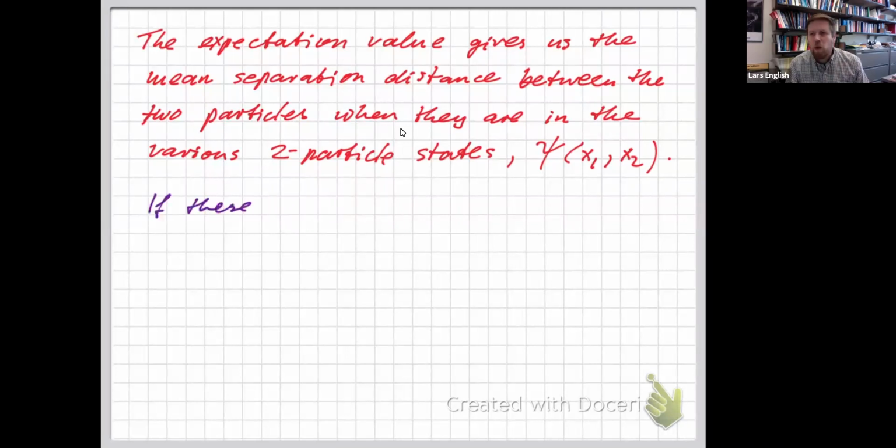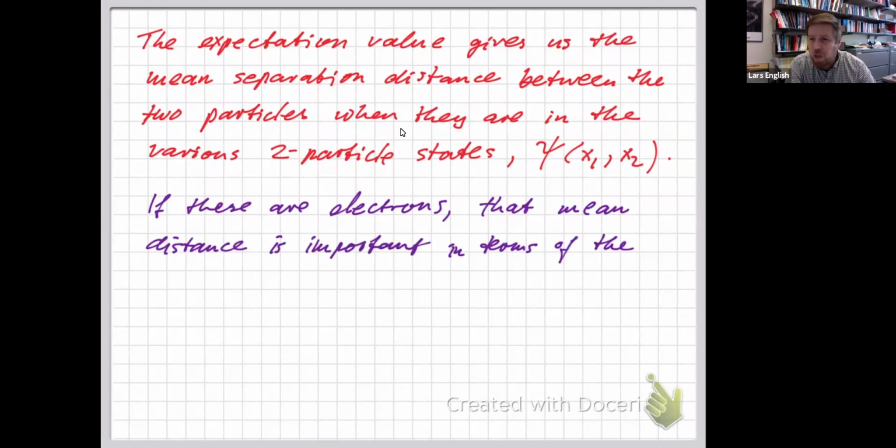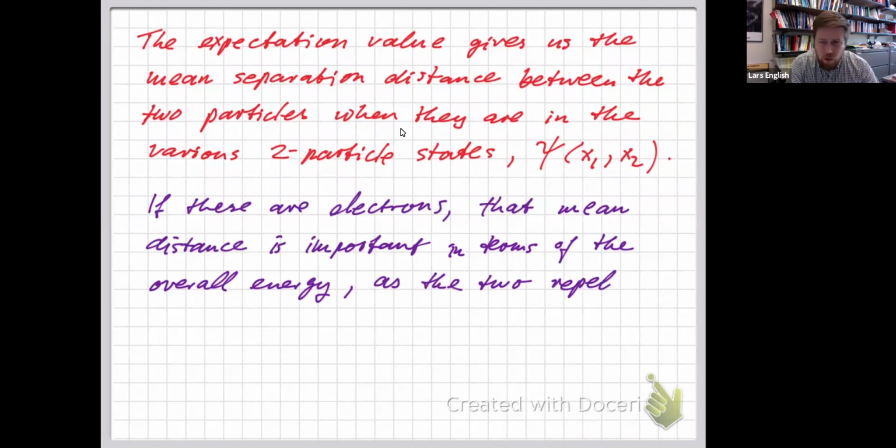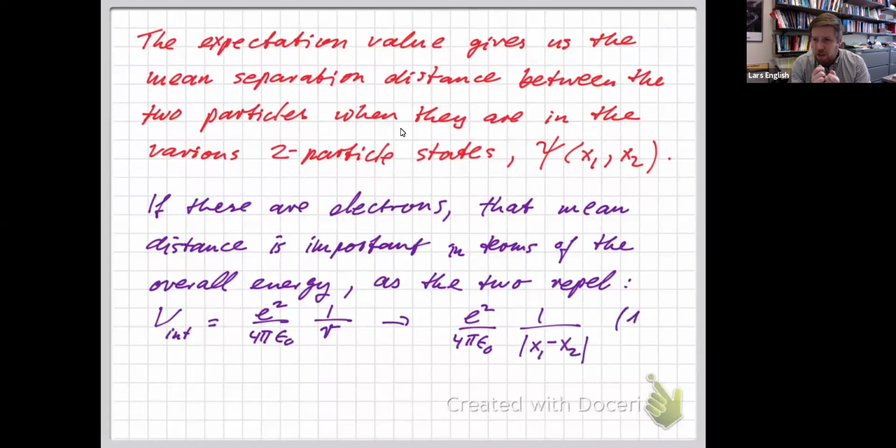Now, again, you could ask, why would I care about that? Well, with helium, it's 2 electrons, right? And so maybe it would be nice to know what the separation distance is on average between those 2 electrons, because those 2 electrons repel each other. Okay, and so there's this interaction term between those 2 electrons, that repulsive electrostatic potential energy.